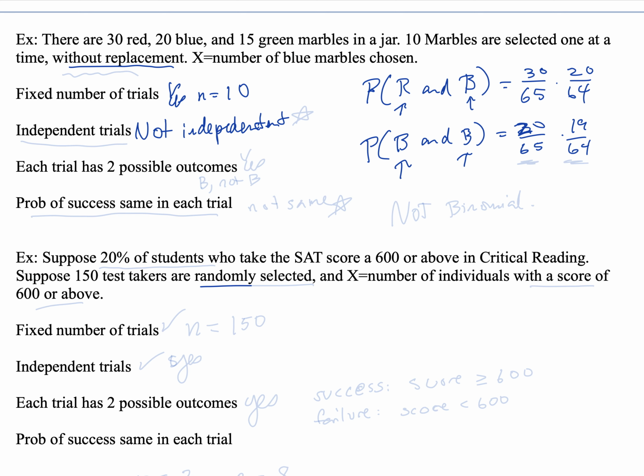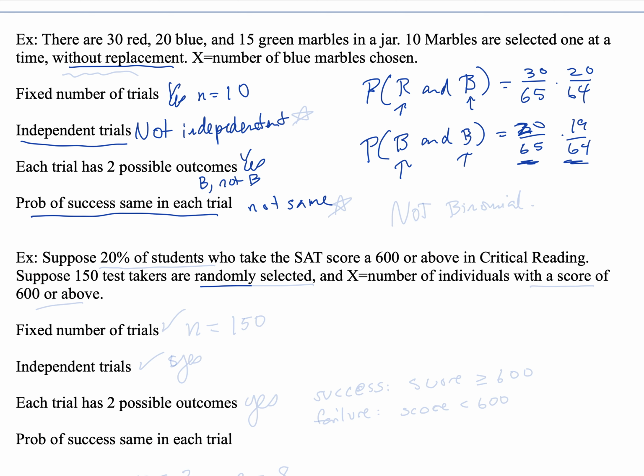So these trials are not independent, and so this is an issue, and this is also an issue too. The probability of success in each trial is not the same. So this probability of success changes in each subsequent trial. Does each trial have two possible outcomes? Yes, and our two possible outcomes are blue or not blue.